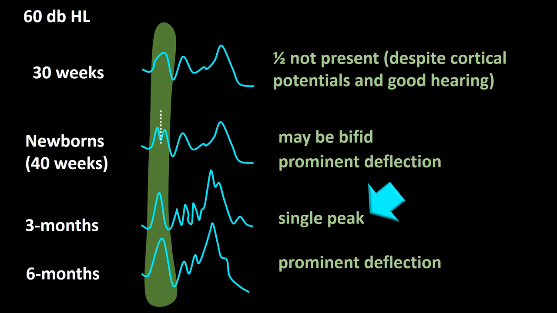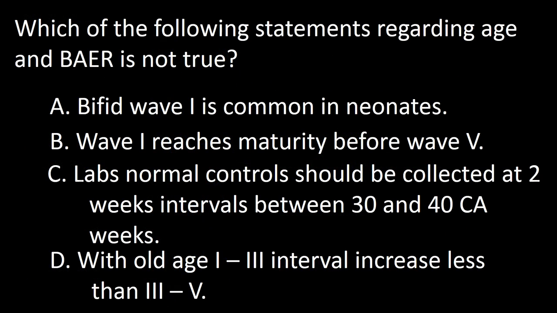By 3 months, wave 1 is usually monophasic, having a single peak. And by month 6, wave 1 has a prominent deflection. So the answer to this question is D.